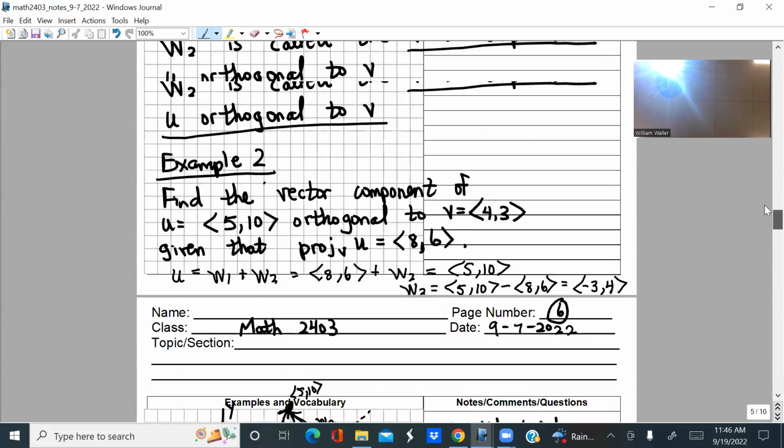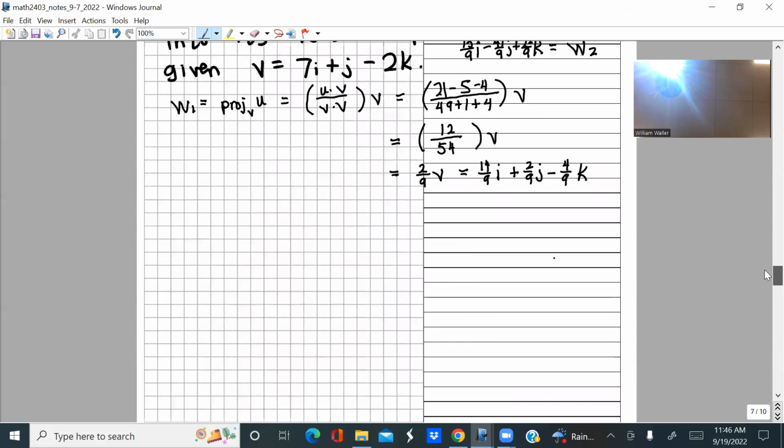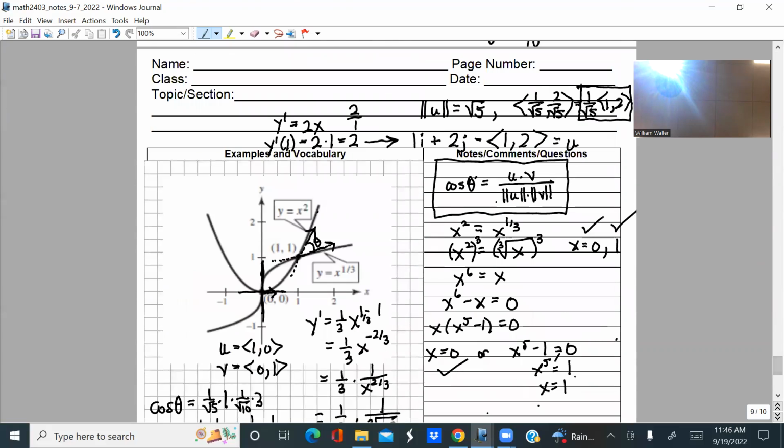And that's easy to remind yourself why that's true, because of this formula. The cosine of the angle between the two vectors is given by that formula.